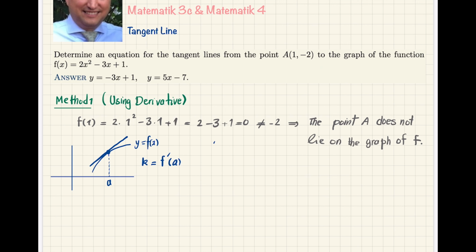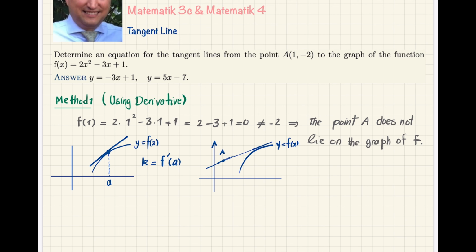Okay, so let me just draw another diagram for you. For example, assume that I am facing this situation, that this is the curve, the graph of my function, but my point lies somewhere outside. This is my point A, and this is no longer the point of tangency. And I want to do the same thing. I want to draw a tangent line that passes through A, okay?